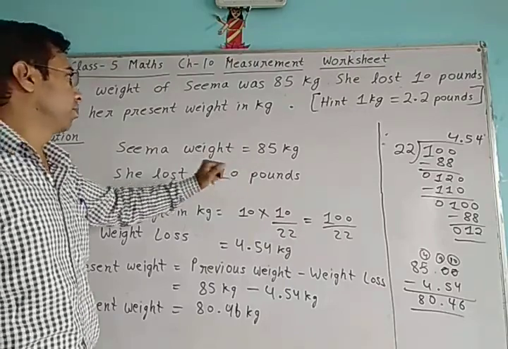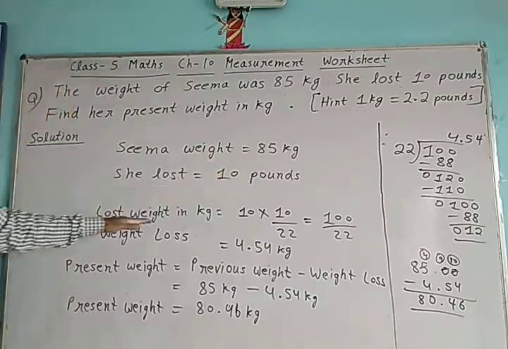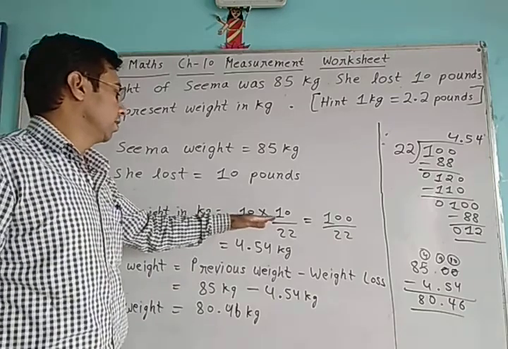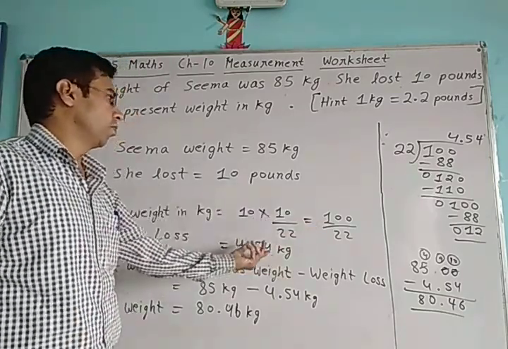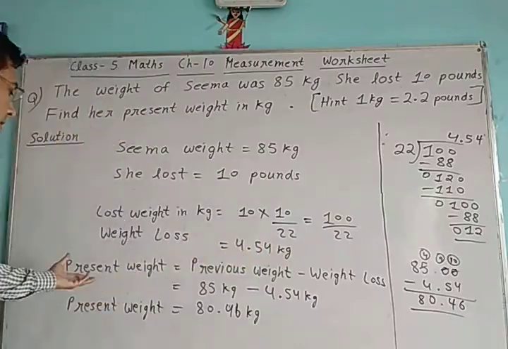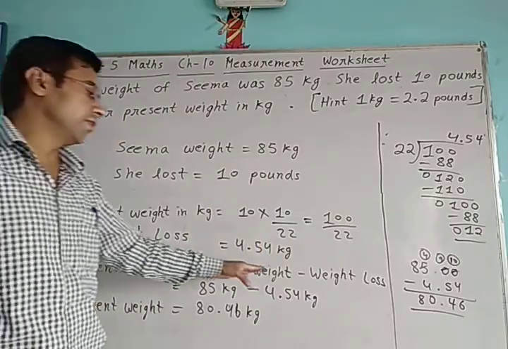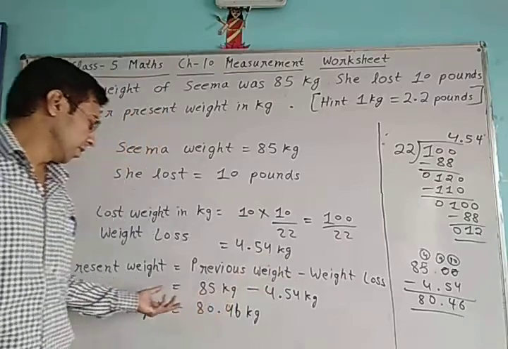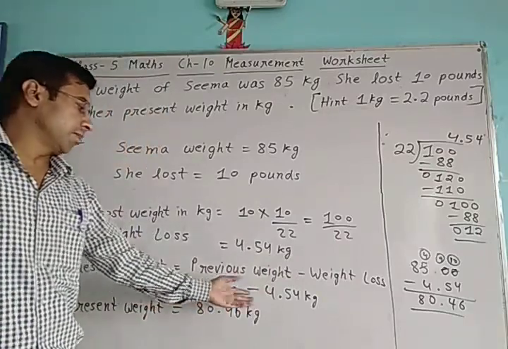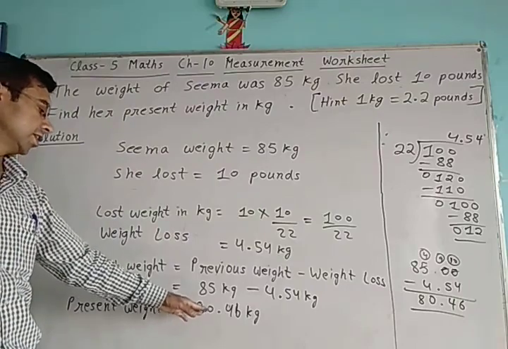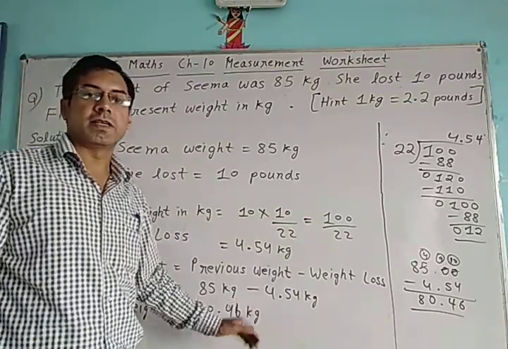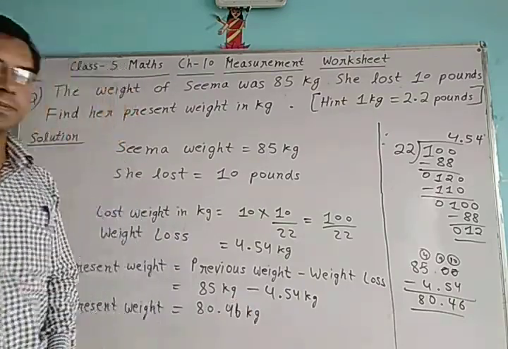She lost 10 pounds, and lost weight in kilogram is 10 into 10 by 22, equal to 100 by 22, 4.54 kilogram. Present weight is equal to previous weight minus weight loss. 85 kilogram minus 4.54 kilogram. Now present weight is 80.46 kilogram. Clear?